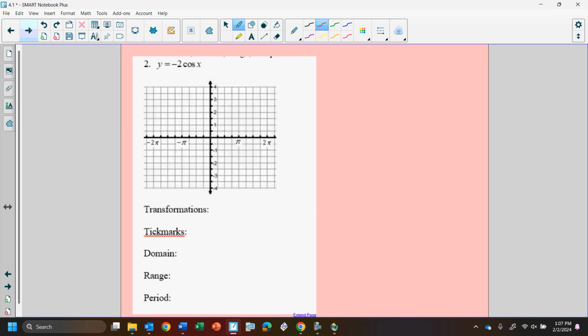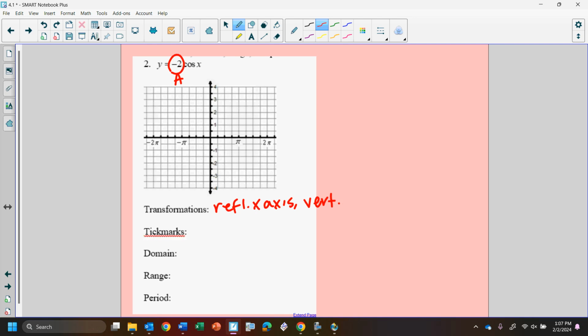Is this guy a sine or a cosine? Cosine again. Woohoo! What transformation does this one have? A, yeah, it's going to reflect over the x-axis because it's negative. Good. Stretch vertical, stretch horizontal. Vertical, good.